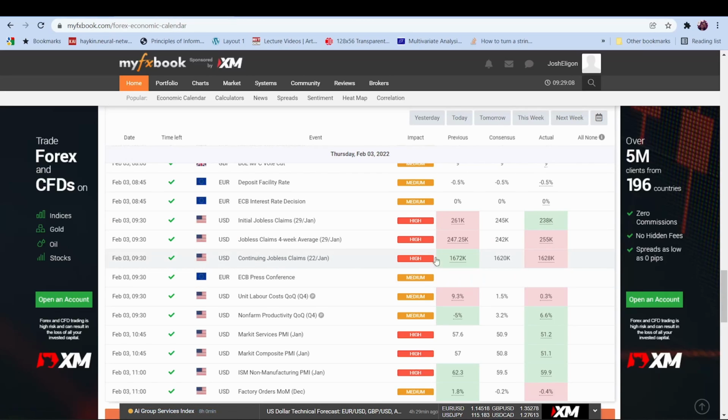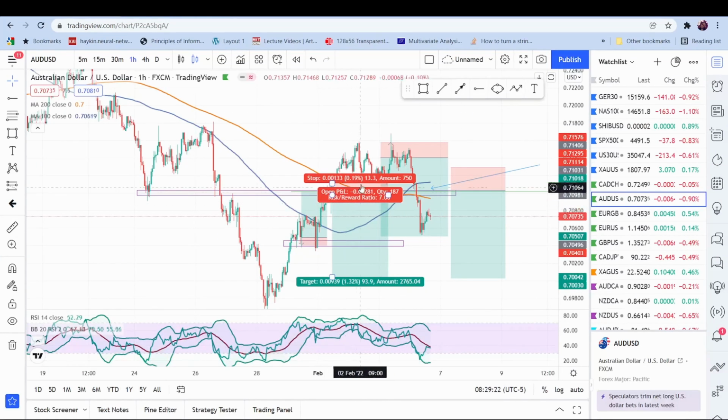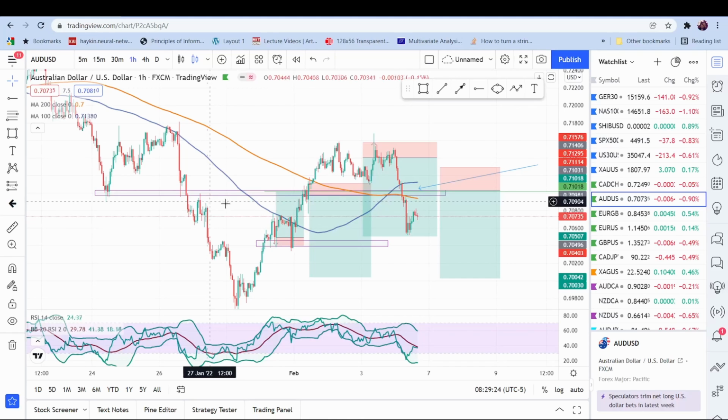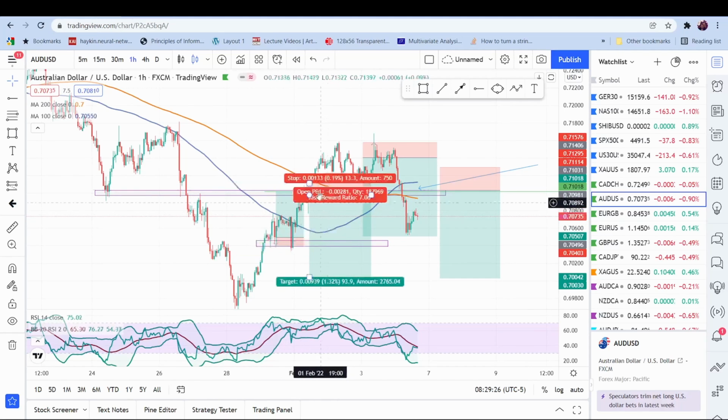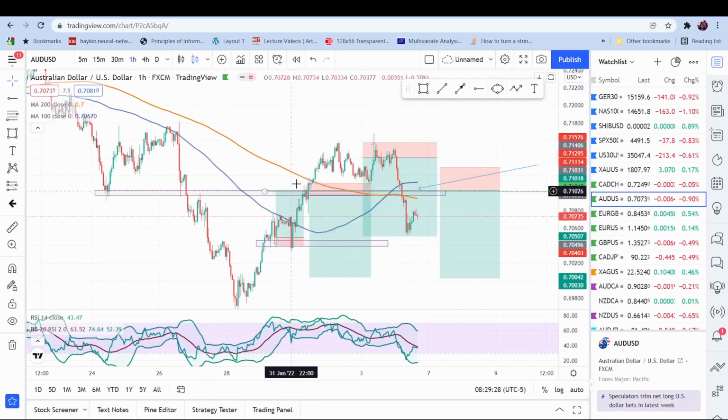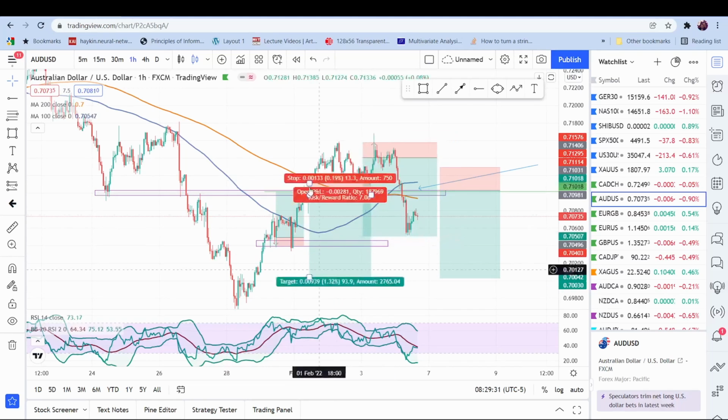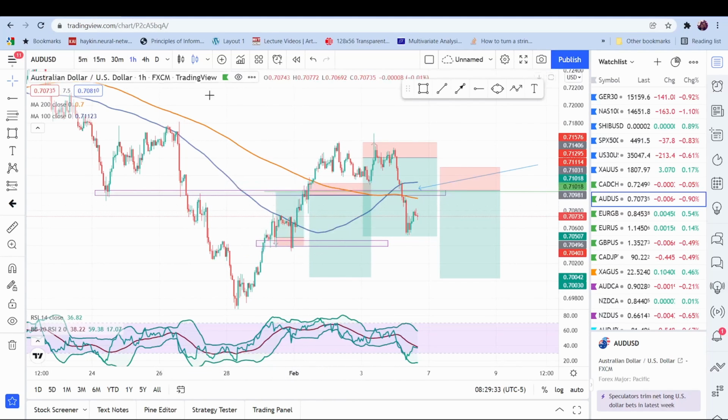And continuing jobless claims were weaker as well, as was the average weekly claims. So looking overall, there was no real reason to see the USD actually fail and to continue with that downward move from here on AUD USD.